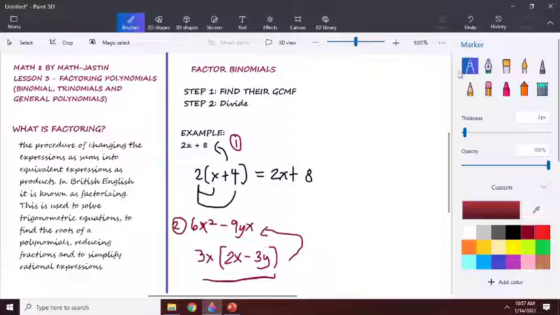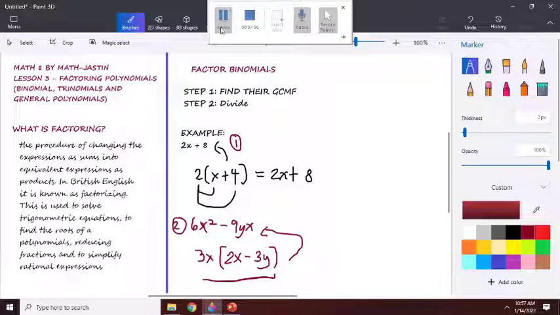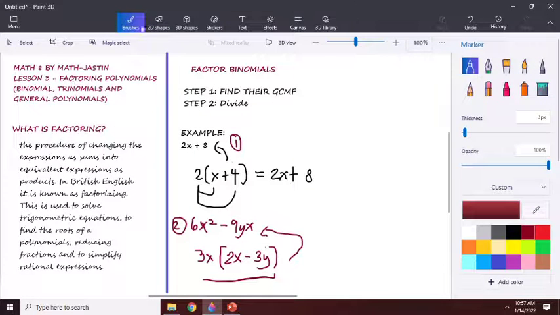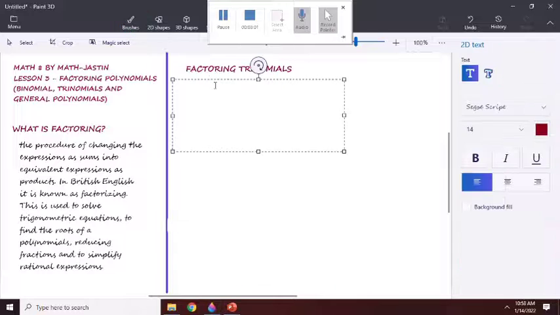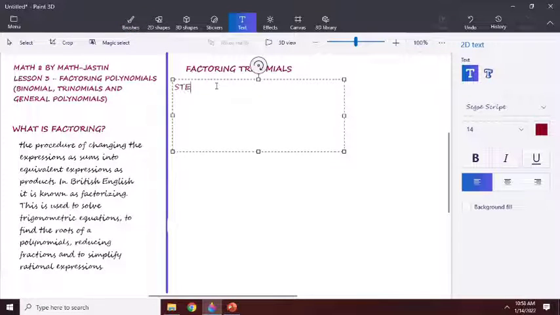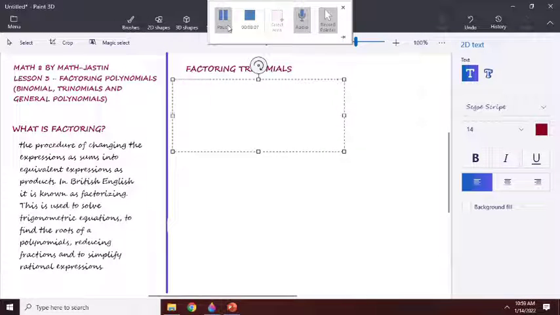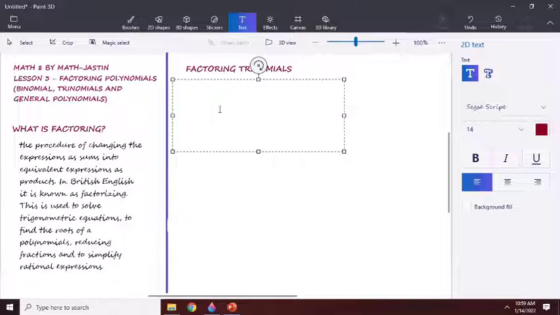Next is factoring trinomials. Enumerating the steps, in factoring trinomials you use the technique of trial and error. What is trial and error?